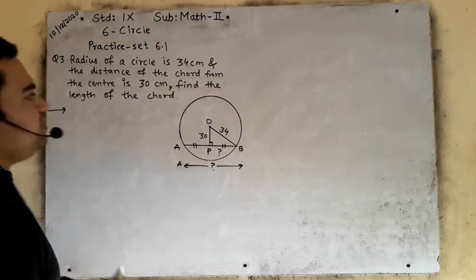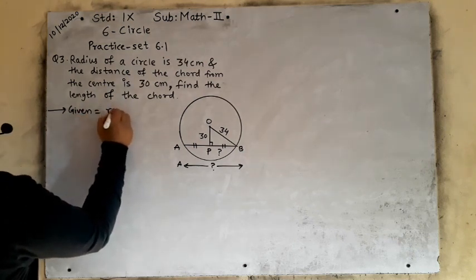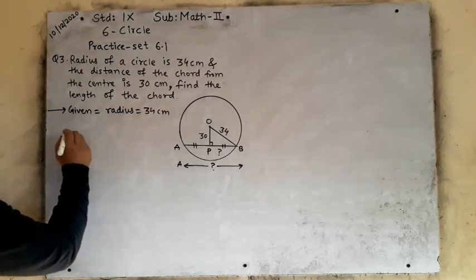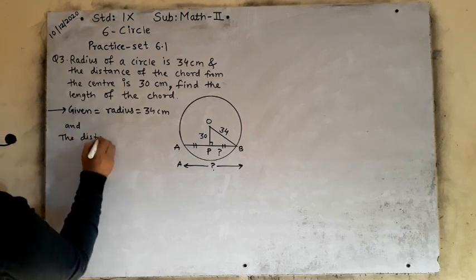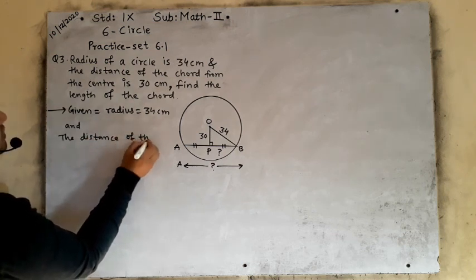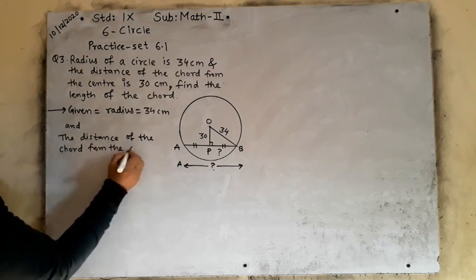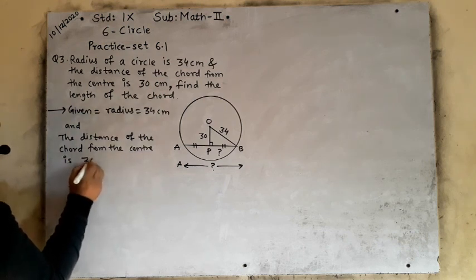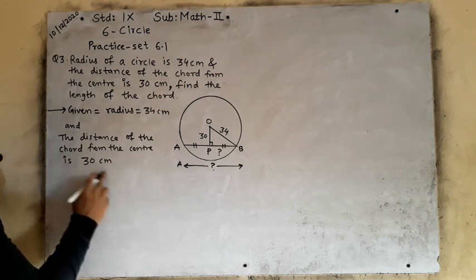Segment AB is equal to how much? First we will write the given. Radius is equal to 34 centimeter, and the distance of the chord from the center is 30 centimeter.